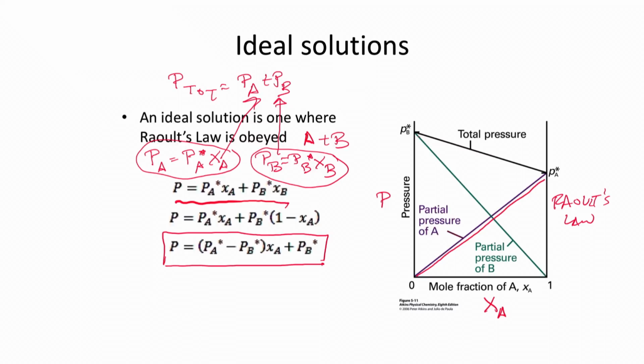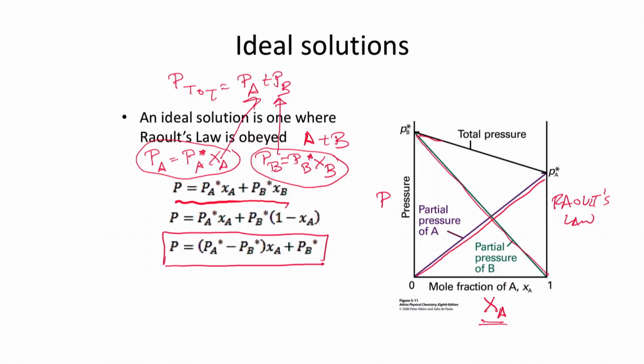And this green line is also Raoult's law, but now for B. Okay, so now you say, well, if it's for B, why is it going down? Well, because we're looking at A, right? So as the mole fraction of B increases, the mole fraction of A decreases. So if I read this kind of from right to left, it's increasing. Okay, so they're both Raoult's law.